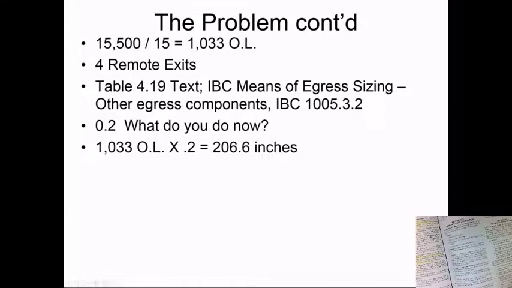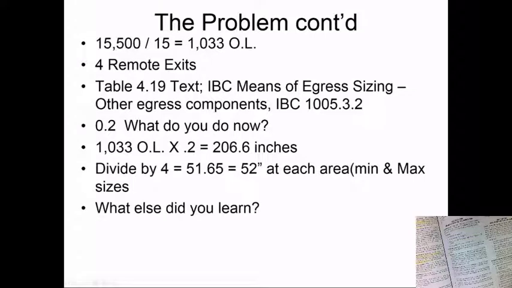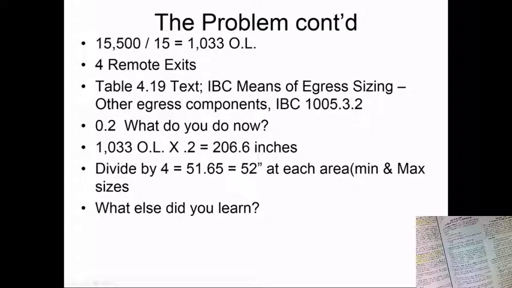So you're going to take those 4 exits, and you're going to divide it into 4. So you're taking the 206.6 inches divided by 4, comes up to 51.65 or 52 inches. You always round up. So each of the 4 remote exits has to have a minimum of 52 inches opening, a doorway.